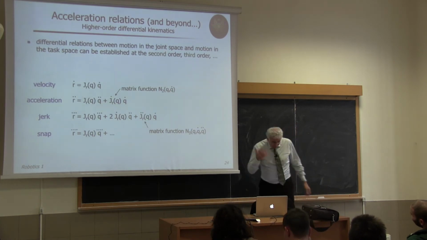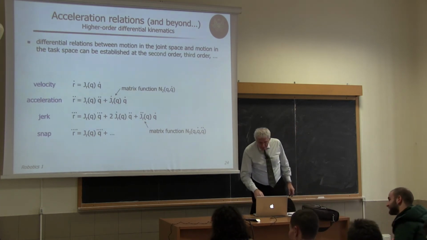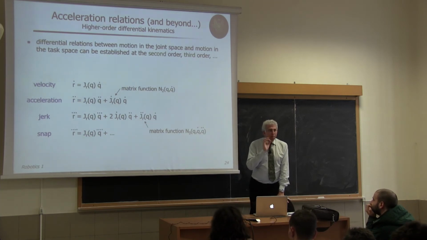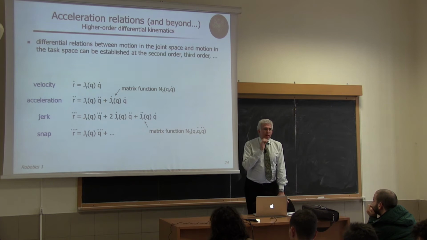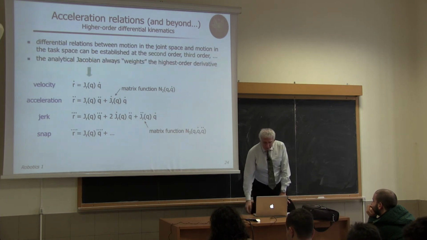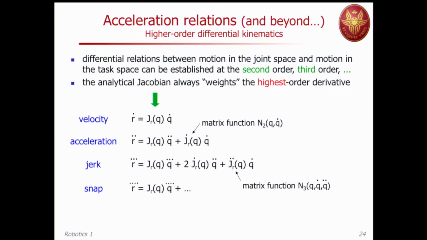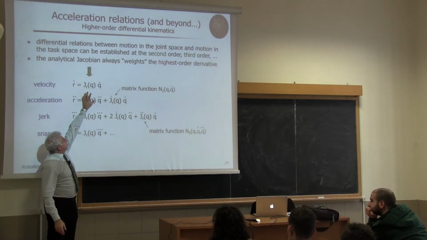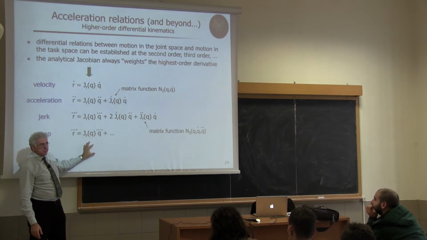So, well, probably. Okay, but the last thing to comment is very important from a computational point of view and also from a physical point of view. Namely, look at this. No matter which is the order of differentiation that you want to link between joint space and task space, you always have the Jacobian as the leading term.